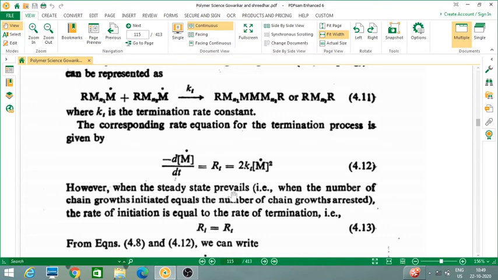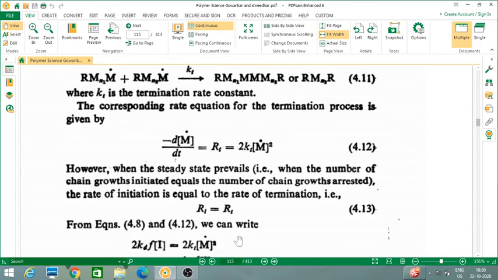However, when the steady state prevails, that is when the number of chain growths initiated equals the number of chain growths arrested, the rate of initiation is equal to the rate of termination. So suppose there is a steady state, meaning an ideal state, when the number of chain growths initiated is equal to the number of chain growths arrested, then Ri will be equal to Rt.